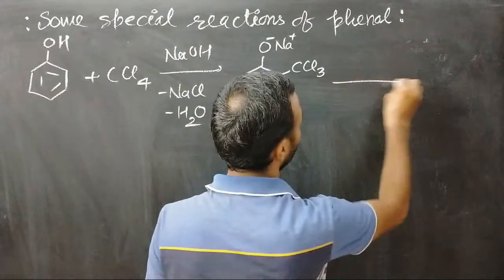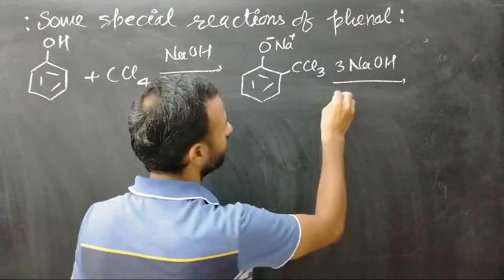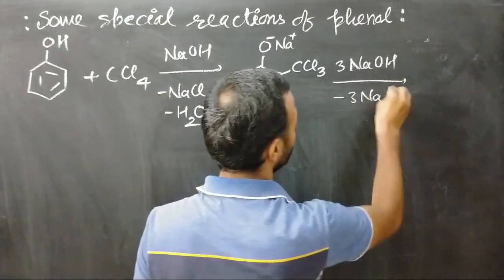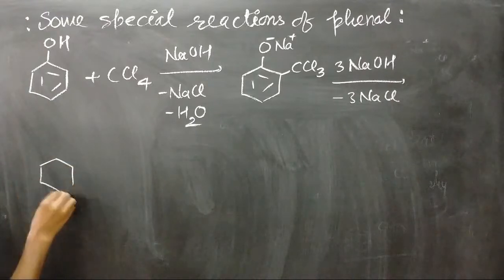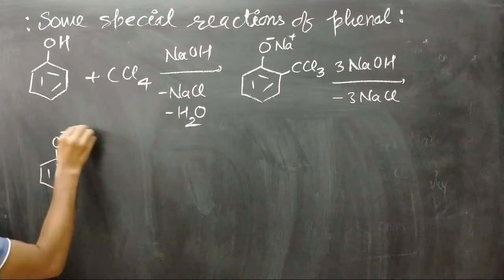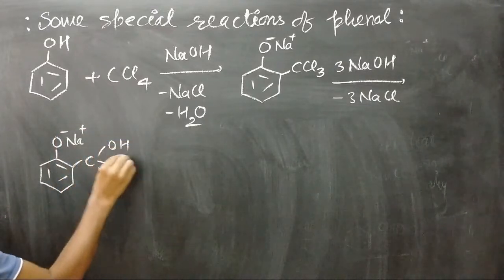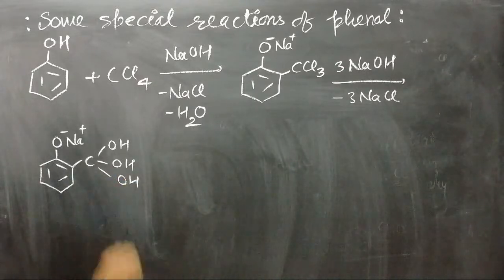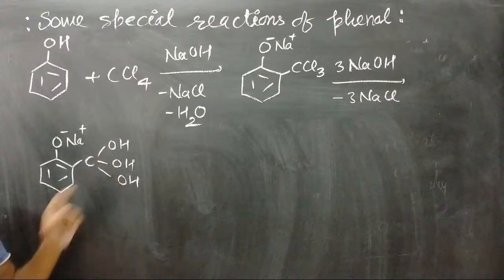Now, 3 moles of NaOH. So 3 NaCl are removed and we get 3 Cl replaced by 3 OH.